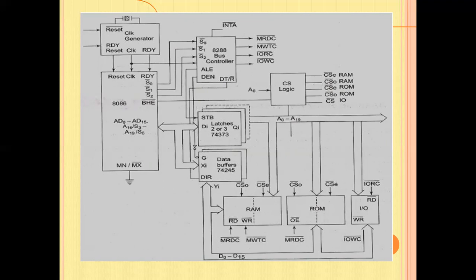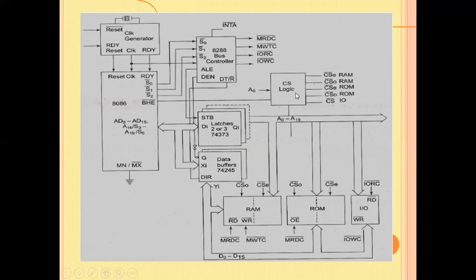Just like in minimum mode, we need to have the address, the data, and the controlling signals. Here the address and data status are given. The latches are releasing the address and giving it to RAM, ROM, and IO, and the data buffers, the transceivers, are releasing the data bus and giving it to RAM, ROM, and IO.